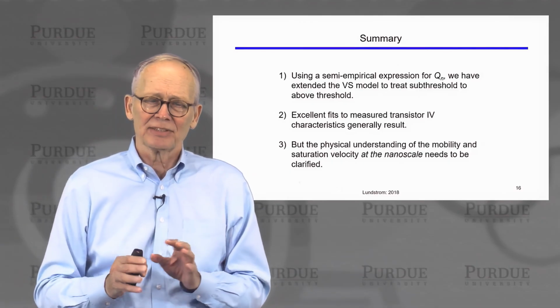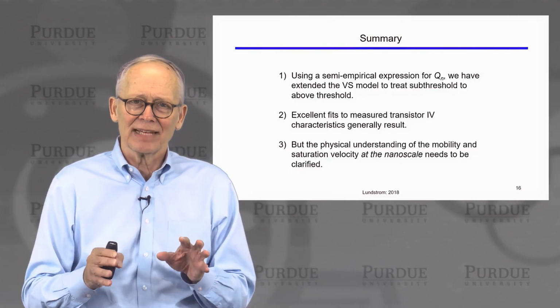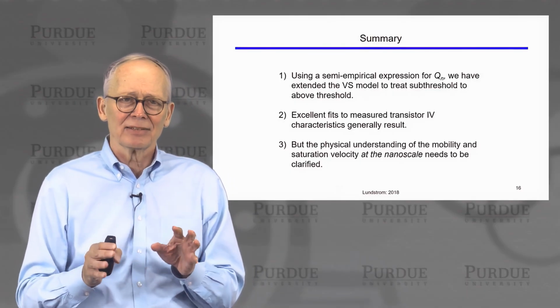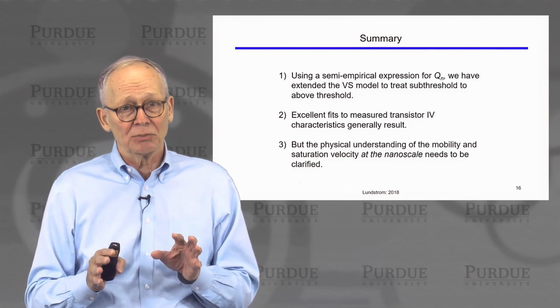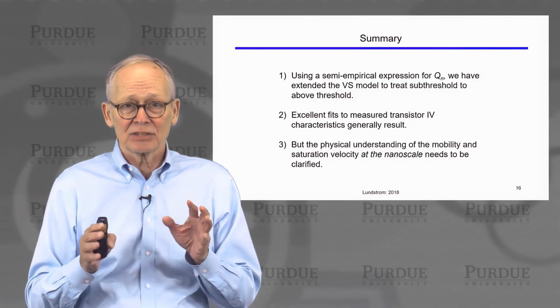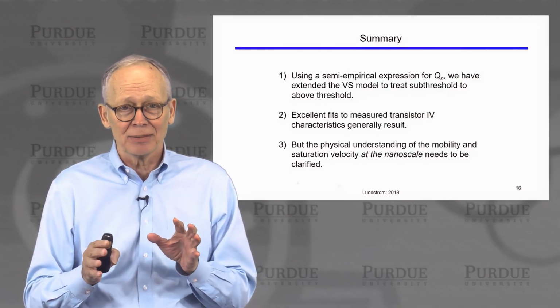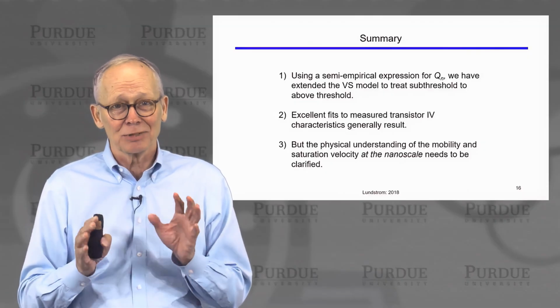But our physical understanding of what mobility and saturation velocity mean at the nanoscale is still unclear and needs to be clarified. That's what Unit 4 is going to be all about. Now, before we move on to Unit 4, in the next lecture, I'll just recap some of the important points that you should take out of this rather long unit. Long but important unit.